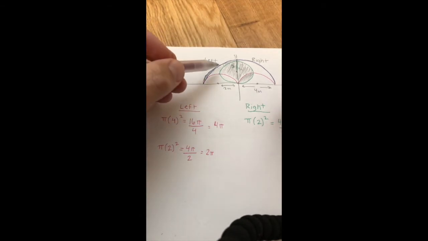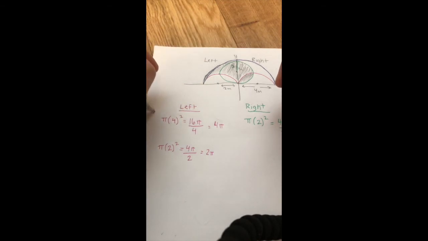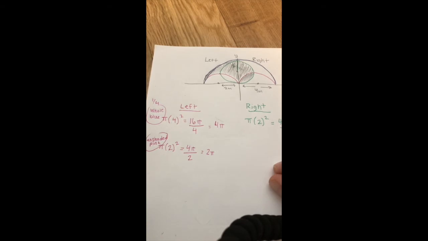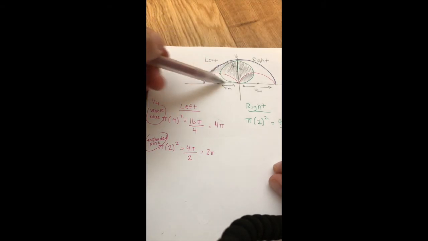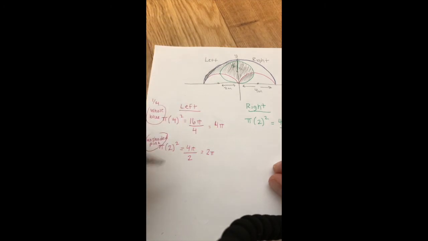All right, so this is the whole blue, a quarter of it, and this is the unshaded pink one, and so it's the quarter of the whole blue minus the unshaded pink one, so 4 pi minus 2 pi.